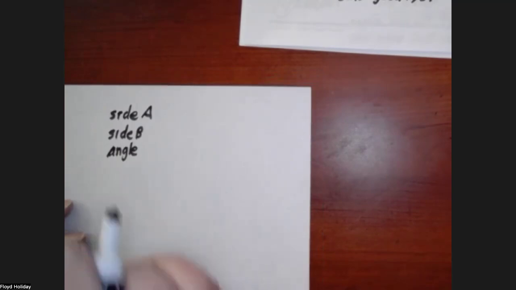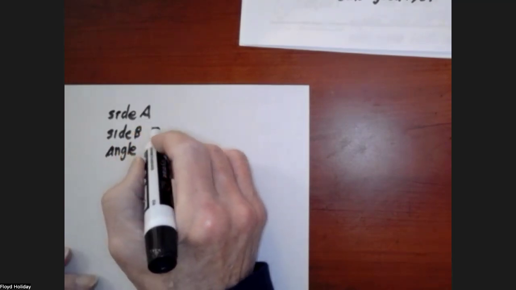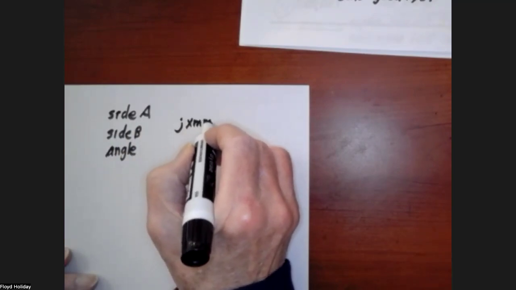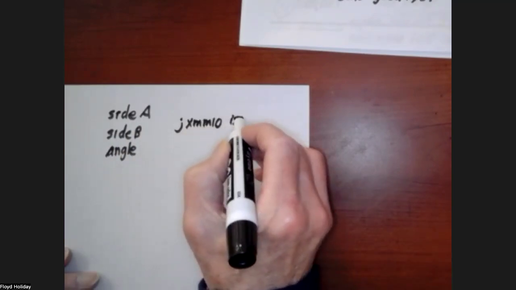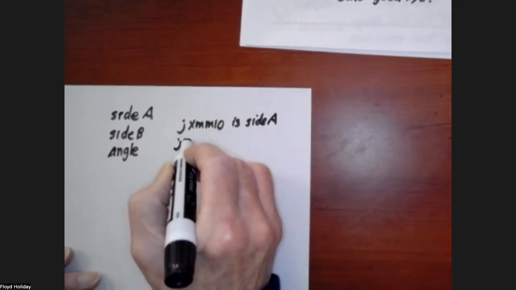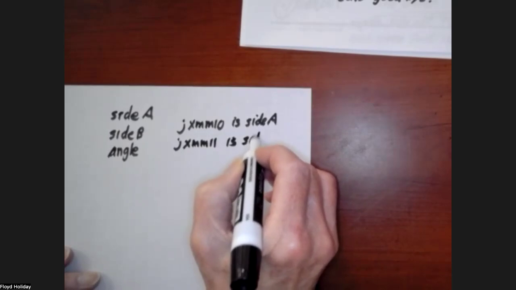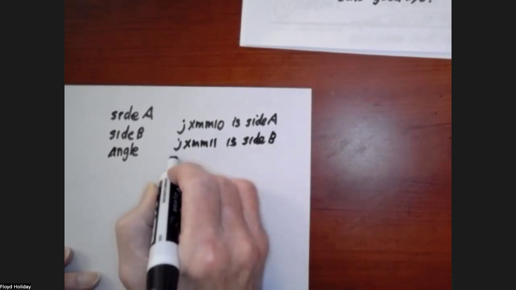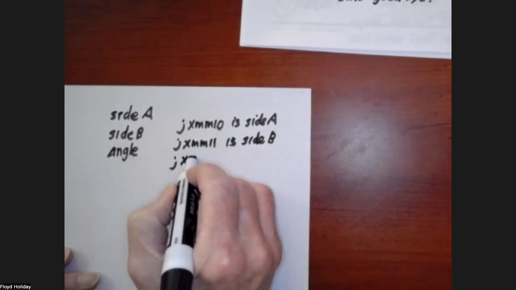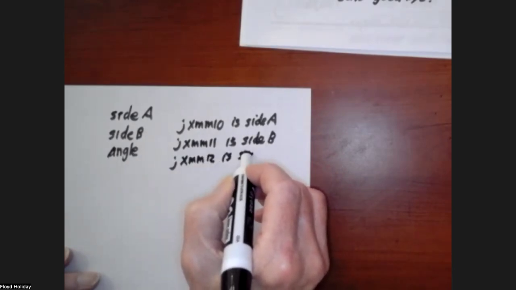You're going to have to designate your own choice of registers for these. For instance, in comments, you can say XMM10 is side A. In comments, XMM11 is side B. And one more. We could go up to 15, but I'll just keep them in sequence. 12 is angle.